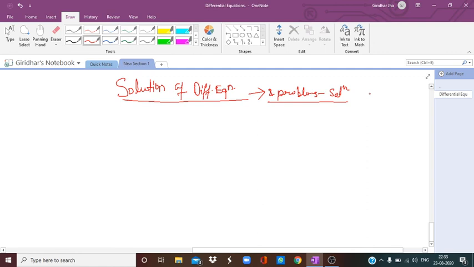So in general, probably 4 to 5 question it used to come from differential equation. Remember always 4 to 5 problems from DE से आता है, याद रखना है अपने को NDA में. Fine dear. So now we'll talk about solution of differential equation.